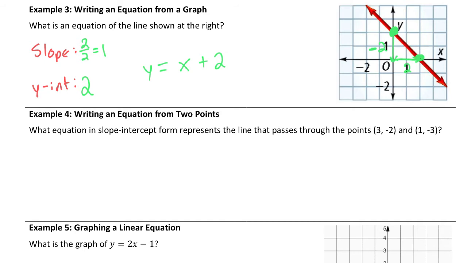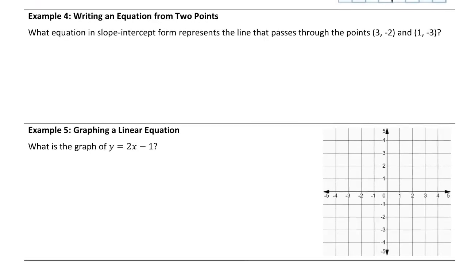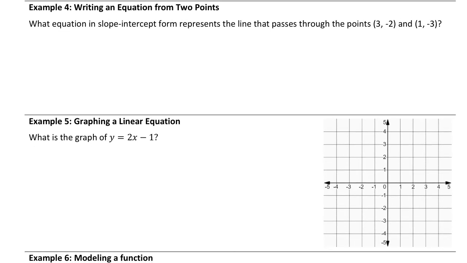Next example, writing it from 2 points. Now this goes back to the last lesson we had with finding the slope. So the first thing I'm going to show you, finding the slope, then finding the y-intercept.